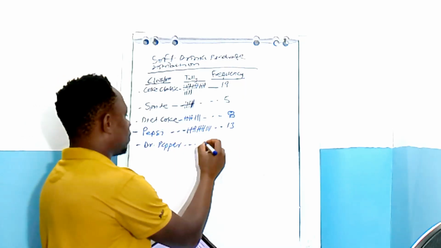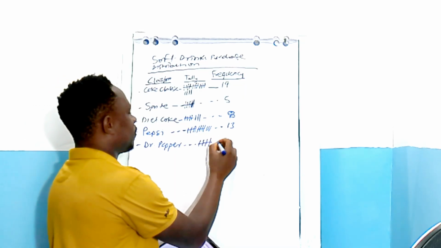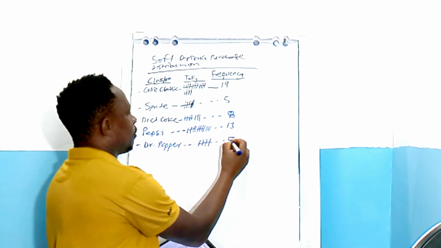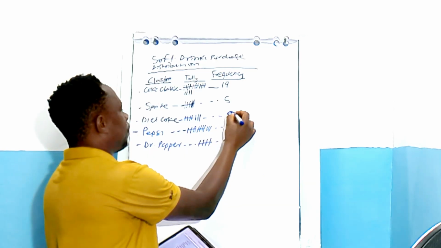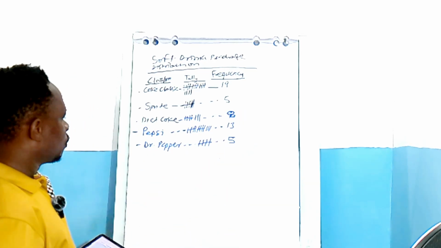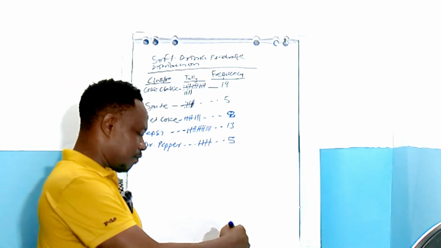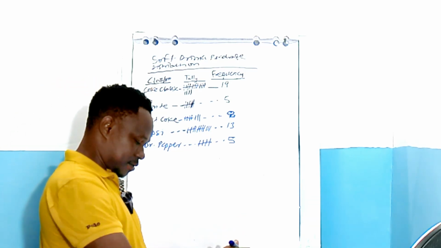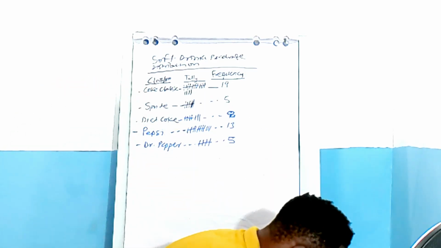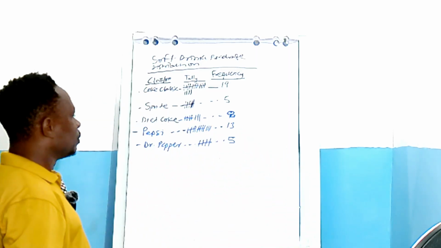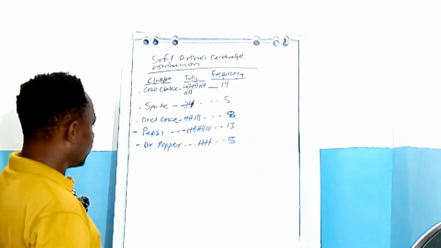So we have 5 Dr. Pepper. So this gave us the total frequency distribution for this data, as there is no more data point remaining without being accounted for.